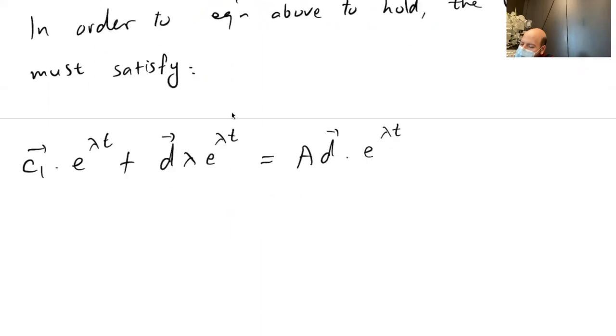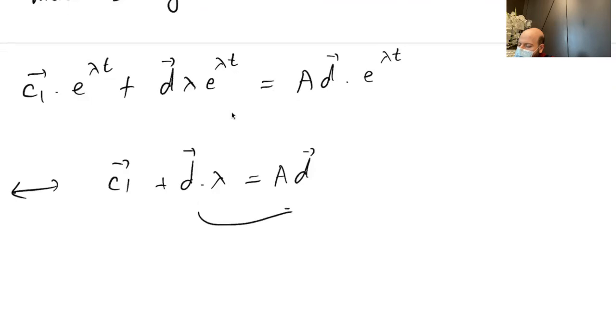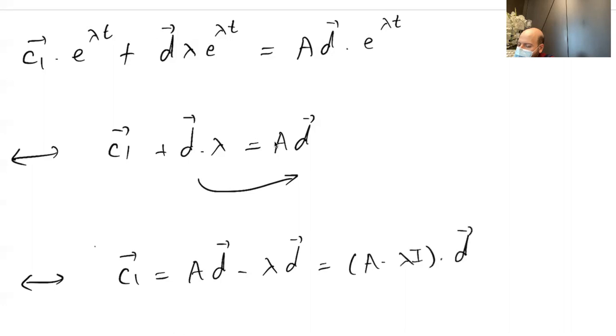I can cancel e to power lambda t from left-hand side and right-hand side, and I'll have C1 plus d times lambda equals Ad. If I take this one to the other side, then the equation above holds if C1 is equal to Ad minus lambda d, which can be also written as A minus lambda I times d.